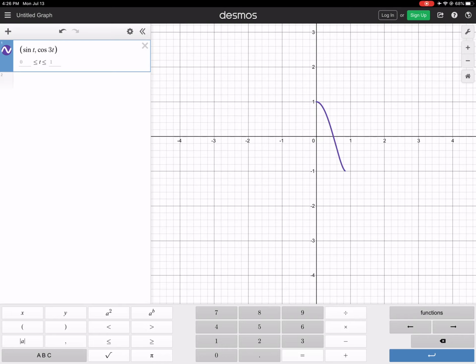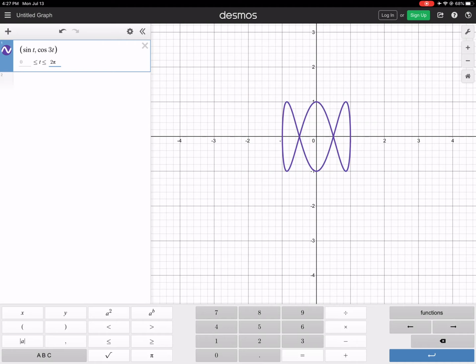That's going from 0 to 1. Let's go all the way to 2 pi. And you see now everything has just flipped from a vertical orientation to a horizontal orientation just by flipping the x and the y, which actually, when you think about it, is what you'd expect.